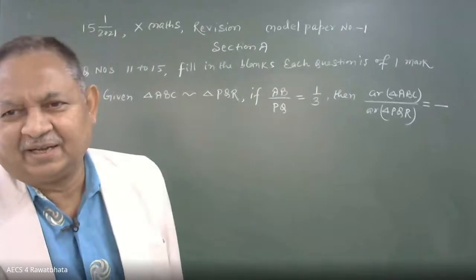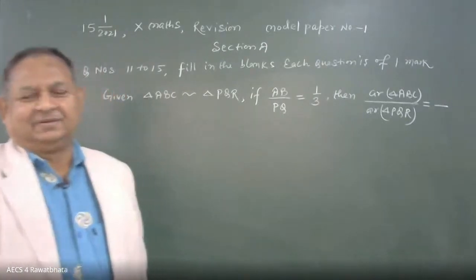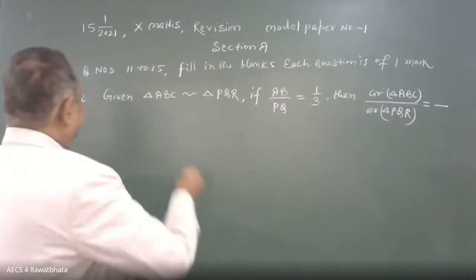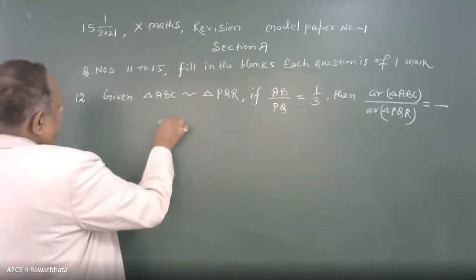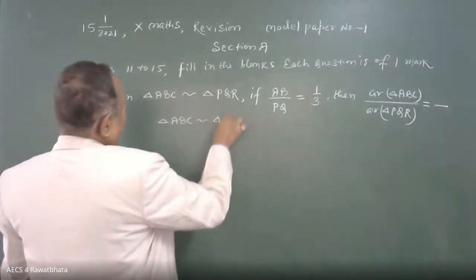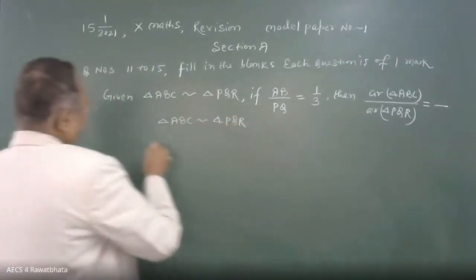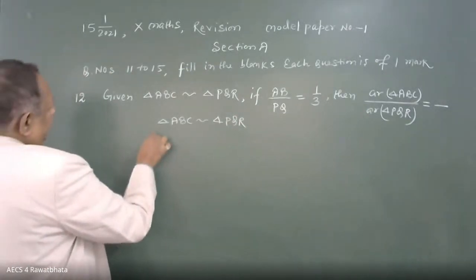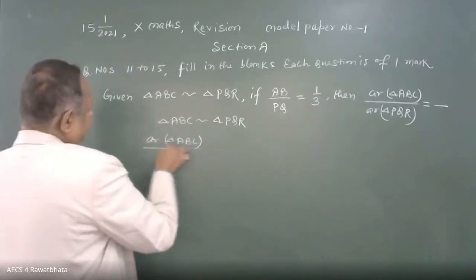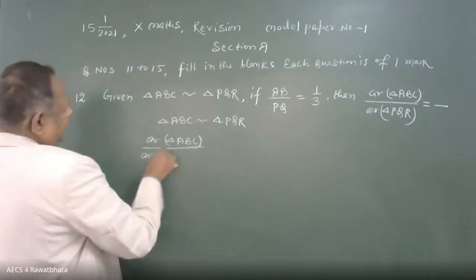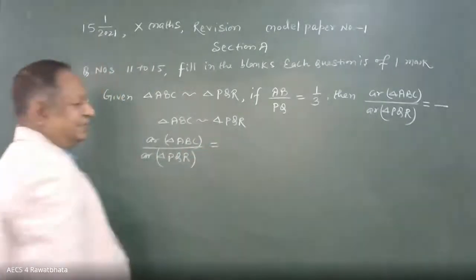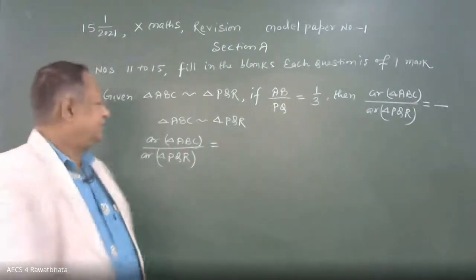So when two triangles are similar, triangle ABC is similar to triangle PQR. Therefore, the ratio of areas of these two triangles, area of triangle ABC upon area of triangle PQR, will be equal to the ratio of the squares of their sides.